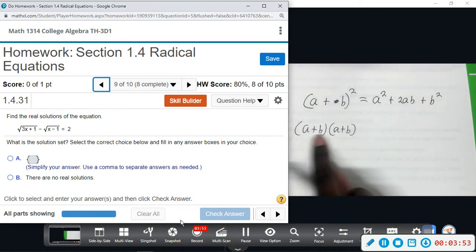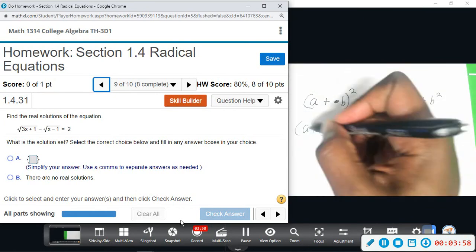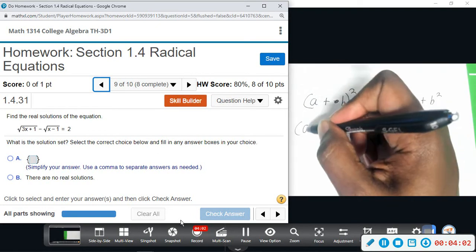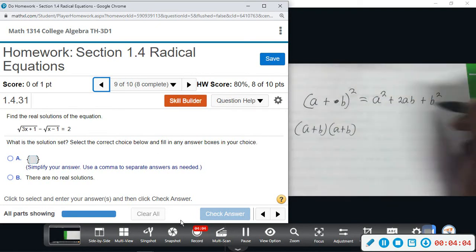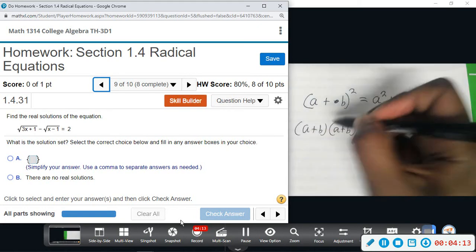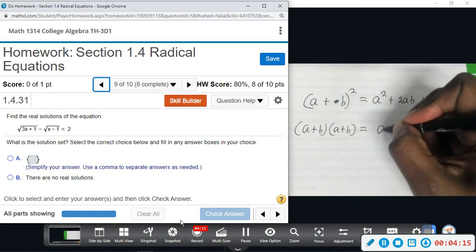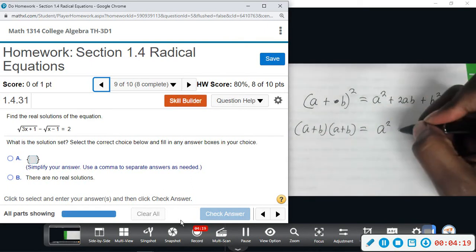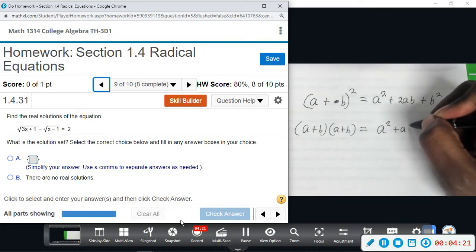So here's how this works with FOIL, and it just saves you a little bit of writing. However, if you'd rather FOIL it, that works. But just know that when I go from here to here, this is what I'm doing. It's FOIL, just a shorter memorization to get there quicker. A times a will give you a squared, same term. A times b will give you positive ab.